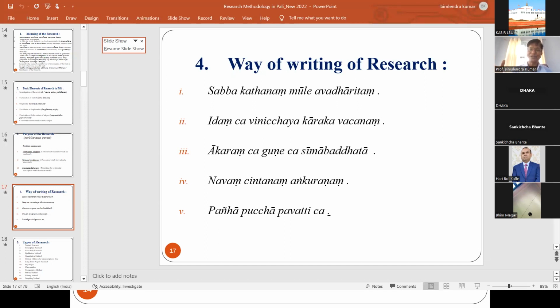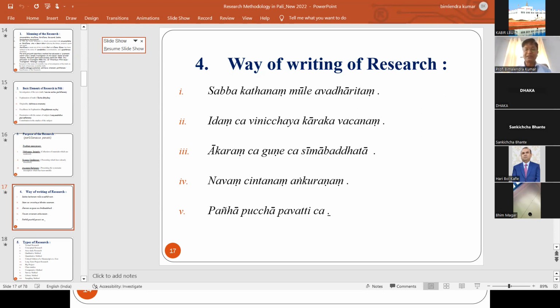A research scholar has the time to complete his or her research within 3 or 4 years. So in that manner, this is called akare cha gune cha sima baddhata. That is, it must be limited to the boundaries of the size as well as the qualities also.